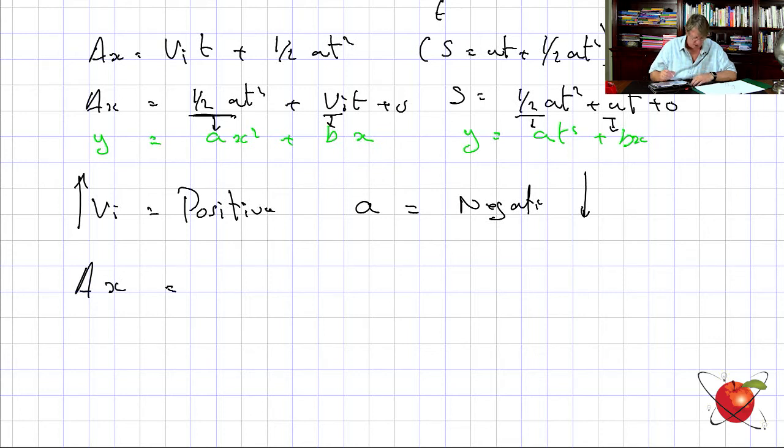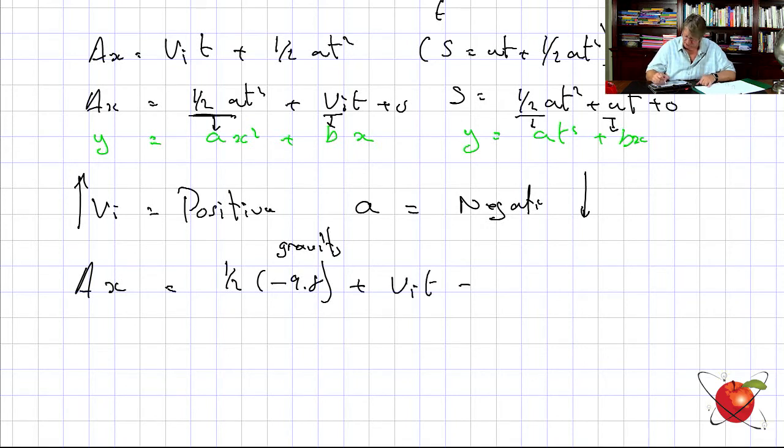Delta x is equal to a half times minus 9.8, because this is my gravity. Correct? There's my gravity, plus v initial t. I'll just put a constant in over there at that point. This is equal to minus 4.9 t squared plus v initial t plus c.